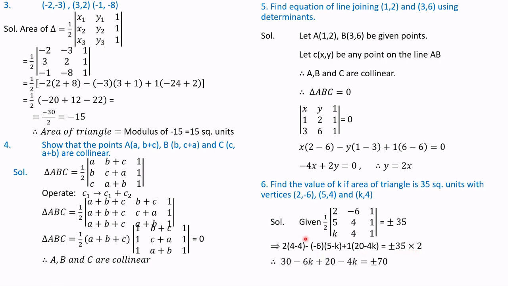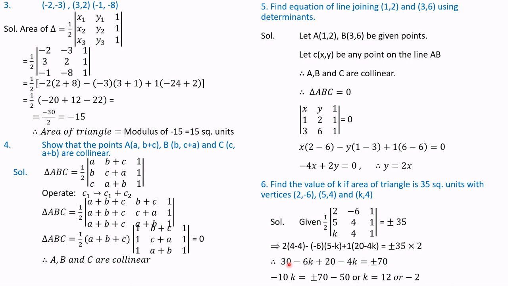Therefore, substituting, this is 0, minus 6 into 5 is 30, this minus outside, minus into minus is plus 30, minus 6k, this minus inside is 6k, plus 20 as it is, minus 4k is equal to plus or minus 70.